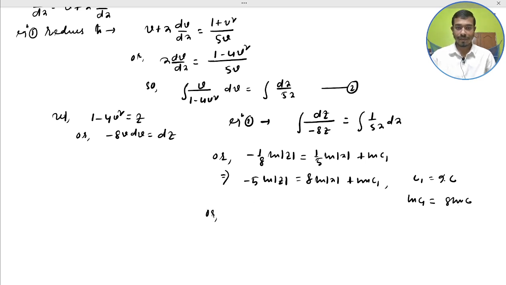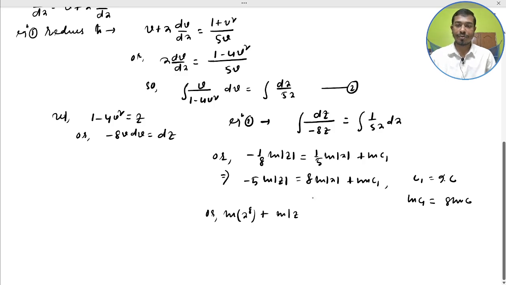So now put this value of z: ln x to the power 8 plus ln mod z to the power 5. Just put this value. Ln mod z to the power 5, this is wrong.